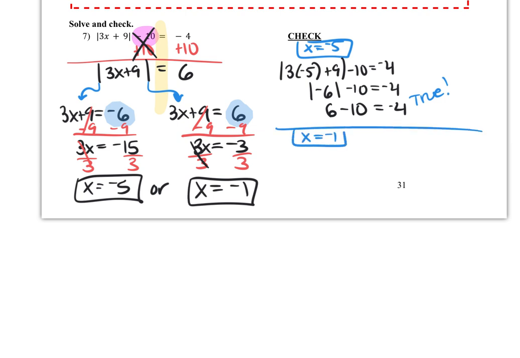We have to check x equals -1. Same process, but instead of a -5, I'm replacing my x with -1 in there. Everything else is staying exactly the same. What's 3 times -1?